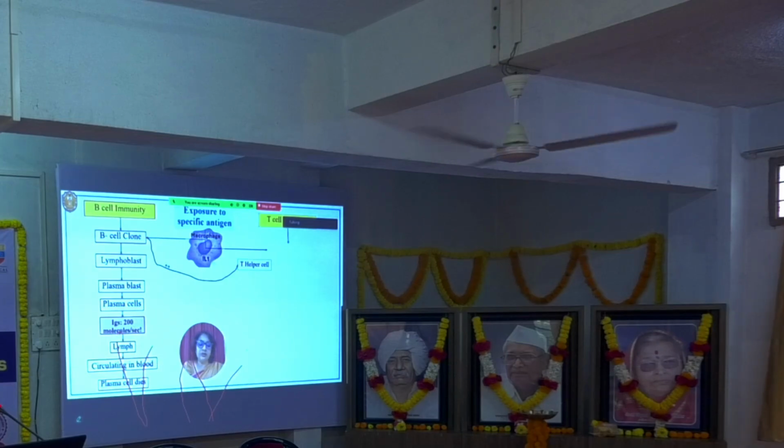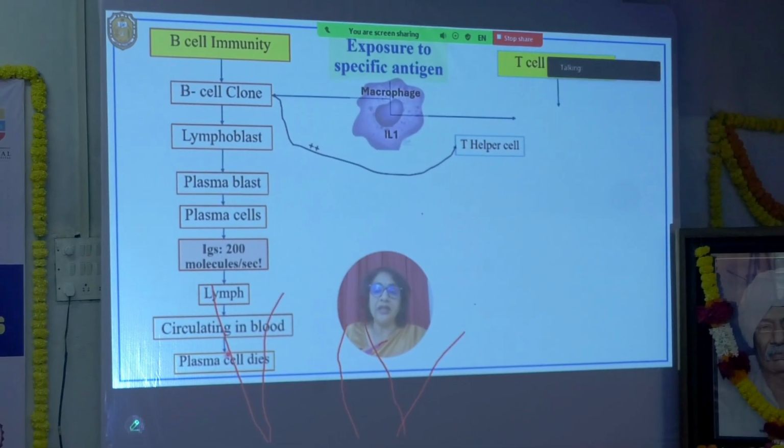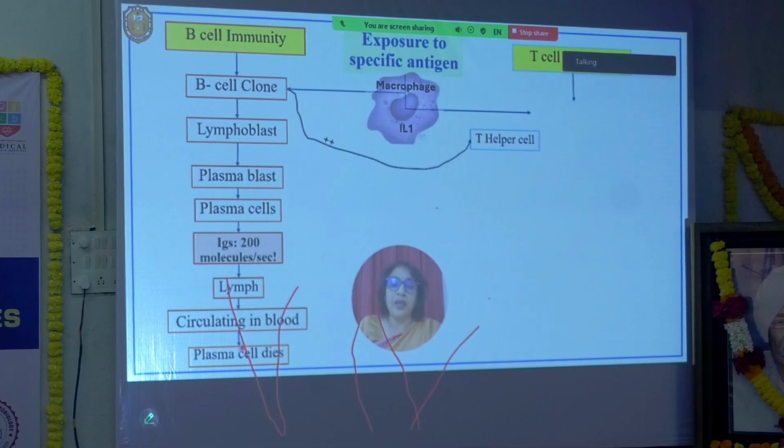The mature plasma cells then produce gamma globulin antibodies, that is IgGs and IgMs and so on, at a very rapid rate of about 2000 molecules per second per plasma cell. These antibodies are secreted. Finally, the plasma cell dies with exhaustion.